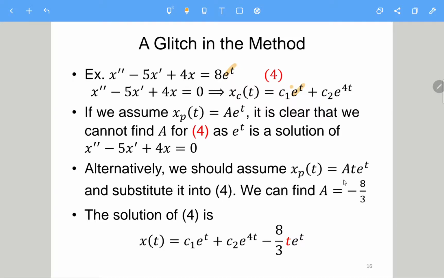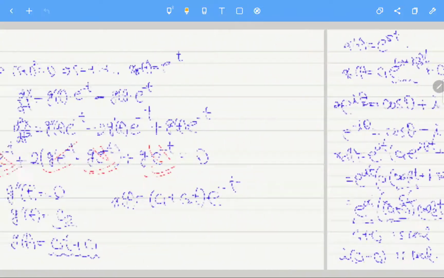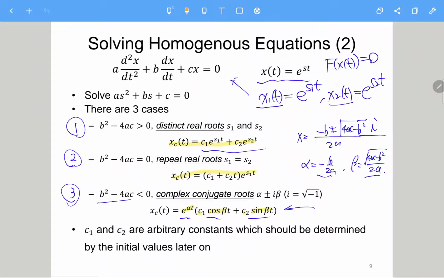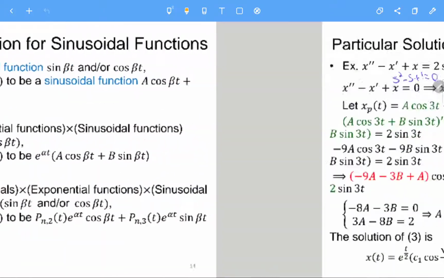It is similar to this case. For this case, we have repeated roots, so we can have c1 plus c2 times exponential to x1t. So for the second independent solution, we need to multiply by t.